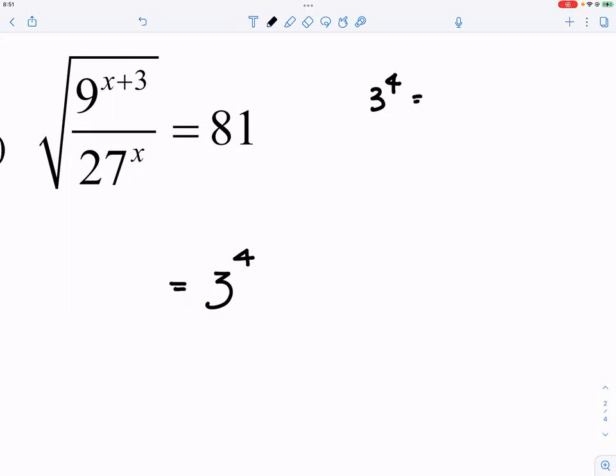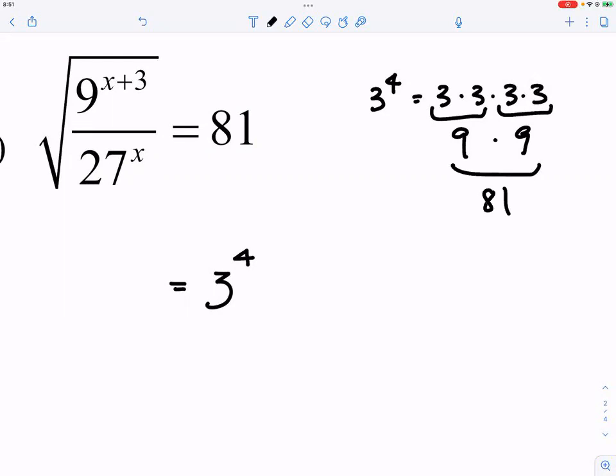So I want to teach you a faster way to get to 81. First, you understand that 3 to the 4th power means 3 times 3 times 3 times 3. And then you just break up into 2 groups. What's 3 times 3? 9. What's 9 times 9? 81.